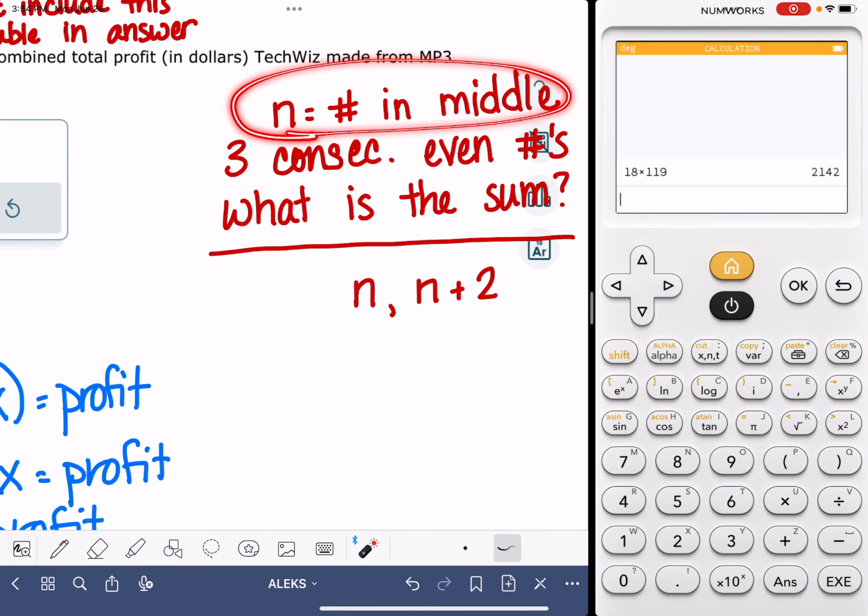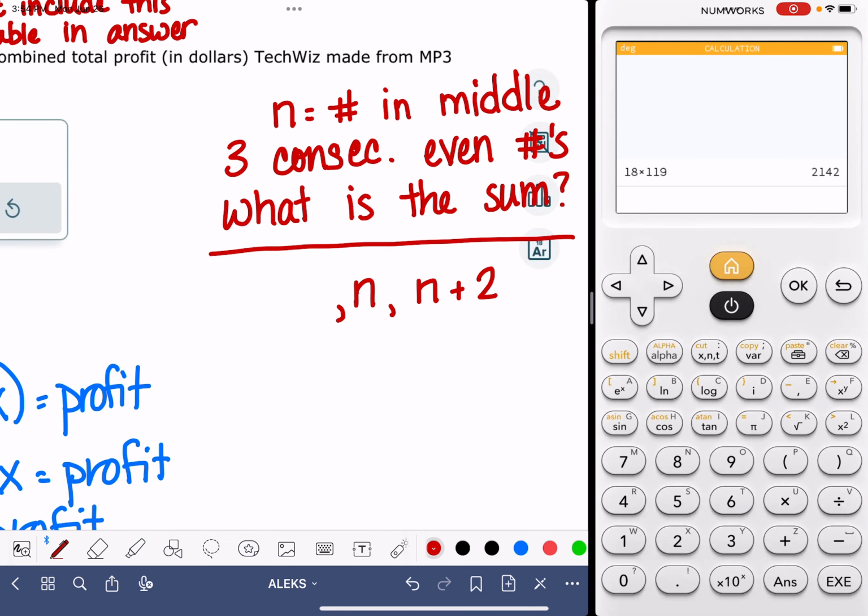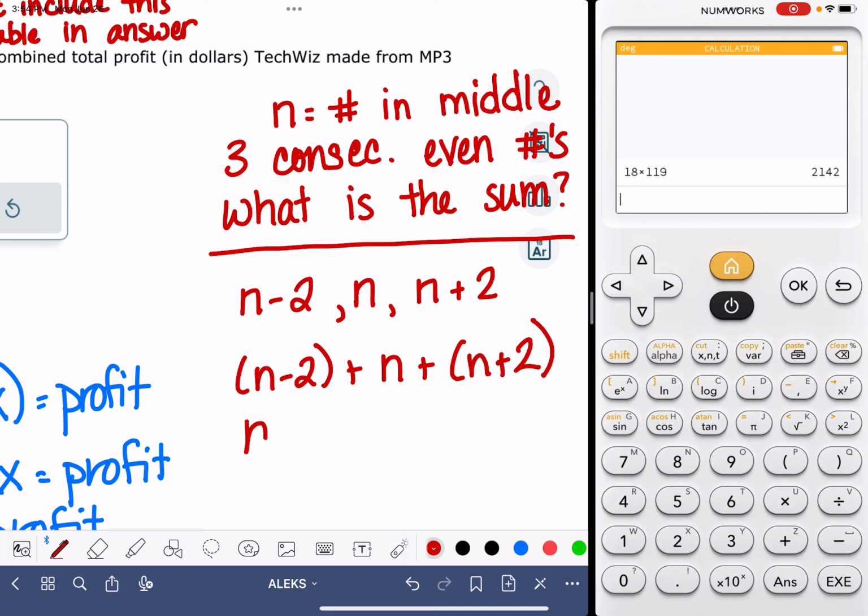Because we know that n is the number in the middle, there's a number that comes before it, and the number before it is smaller by 2 as well, again because these are even numbers. What is the sum of these numbers? N minus 2 plus n plus n plus 2. That's a tongue twister. It simplifies down to 3n because those 2's cancel out.